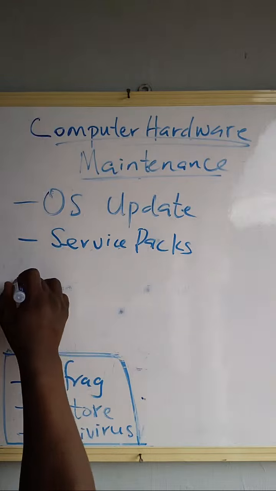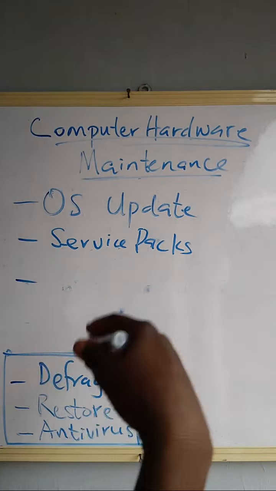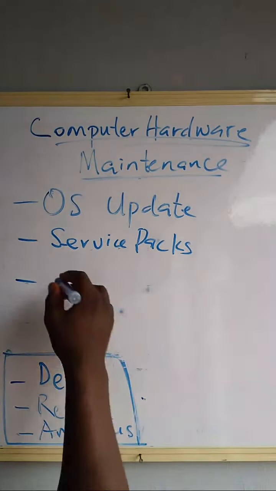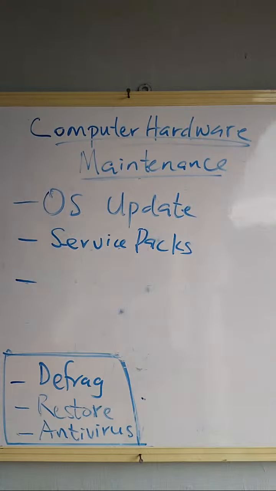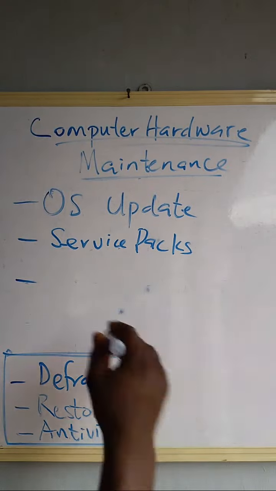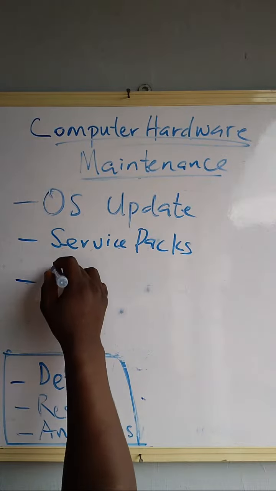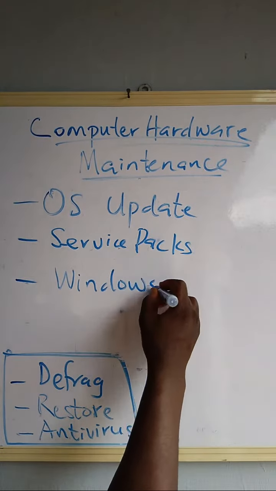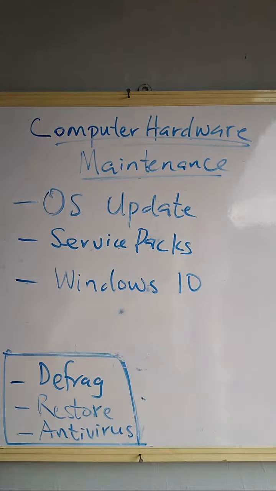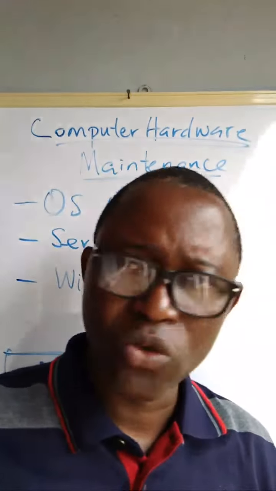Now, older OS such as Windows XP, Windows 7, Windows Vista, Microsoft has stopped supporting those ones. They are not providing updates any longer. But for Windows 10, I think Windows 8 and Windows 10, they still have support from the supplier, Microsoft.